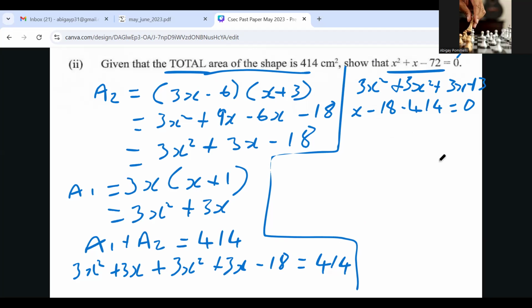Now, let us add up everything. So 3 plus 3, 6x squared, plus 3x plus 3x, 6x. And we're going to subtract 18 minus 414. Use my calculator.